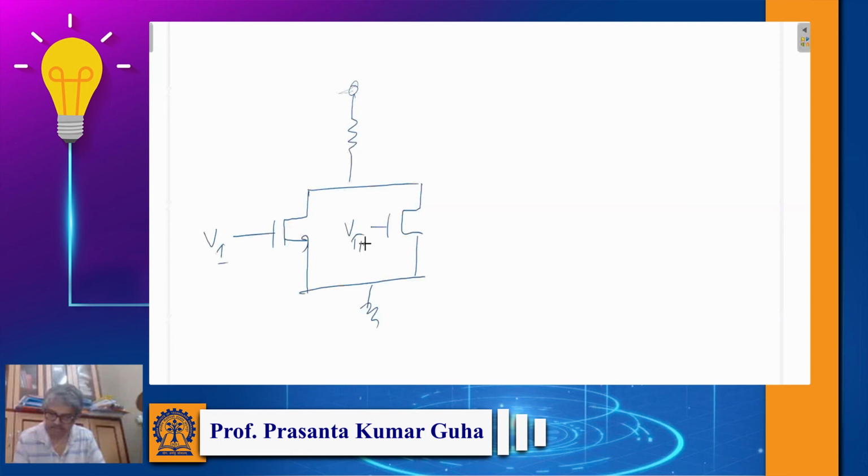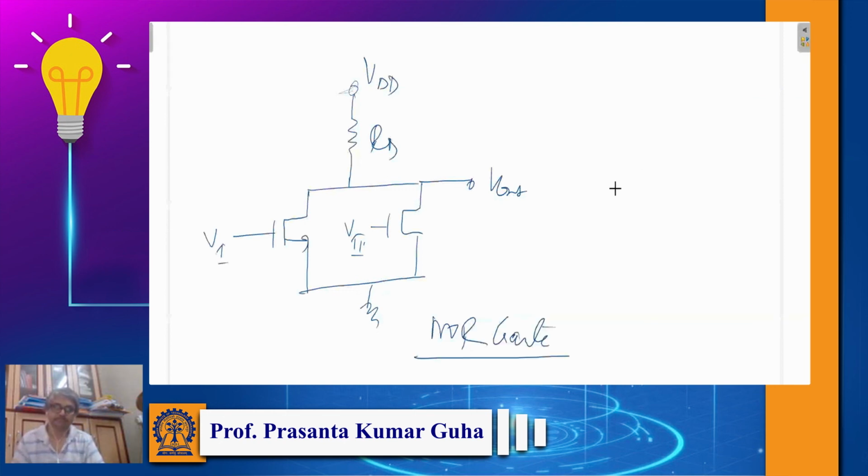Even if I don't discuss this, you will be able to understand that this will act as an NMOS NOR gate. Similarly, you can have a NAND gate where you have two MOSFETs on top of one another. So different MOSFETs can be used to realize different digital gates.